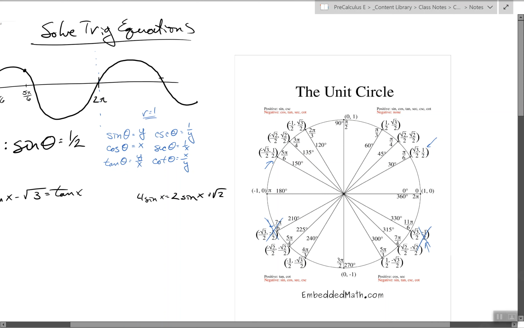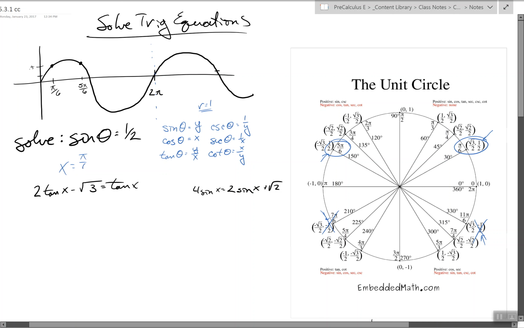This angle here in the first quadrant gives us positive 1/2 as the y-coordinate, and again here in the second quadrant with a y-coordinate of positive 1/2. So those are the two solutions we're looking for. The solutions here, like I showed on the graph, are pi over 6 and 5 pi over 6.